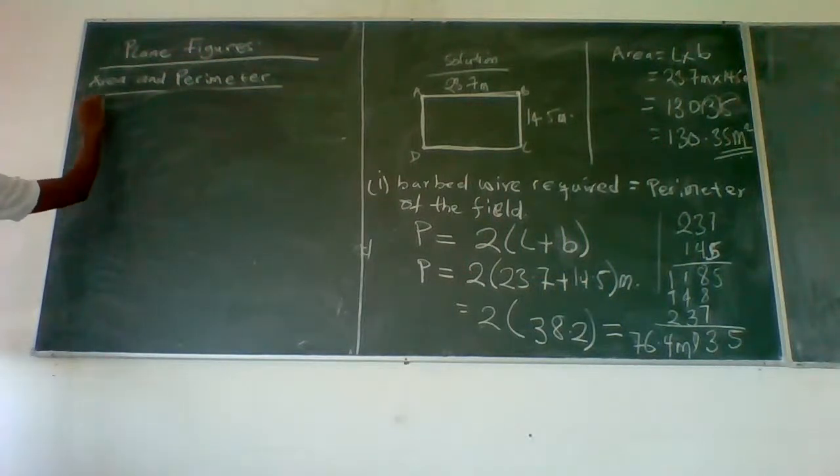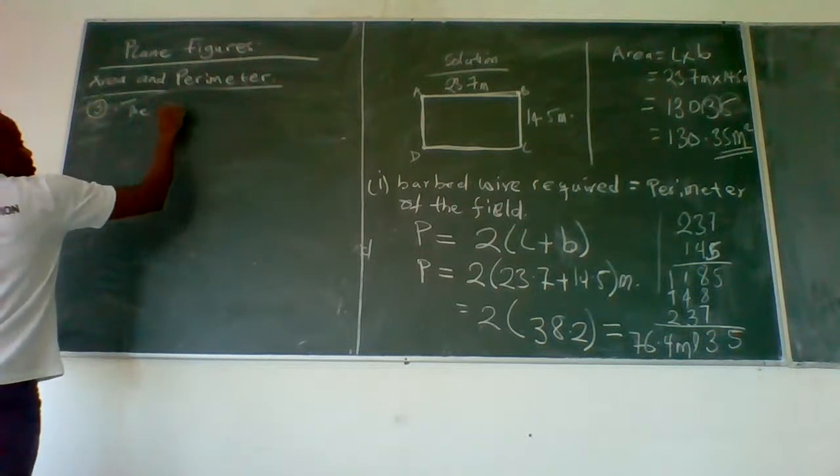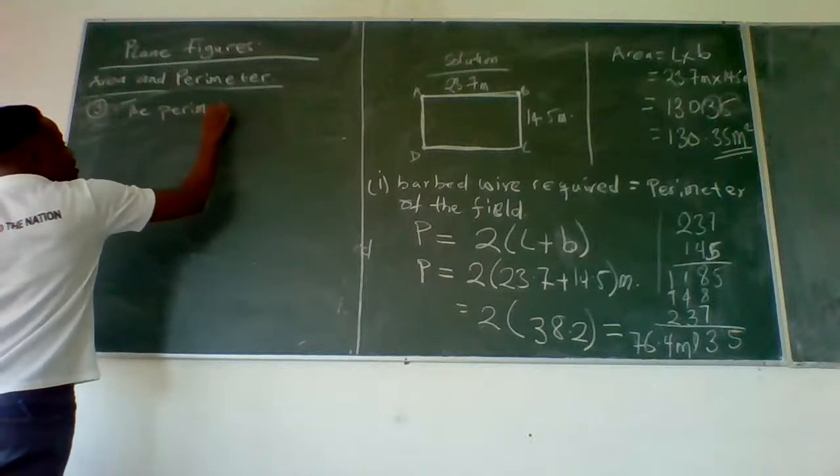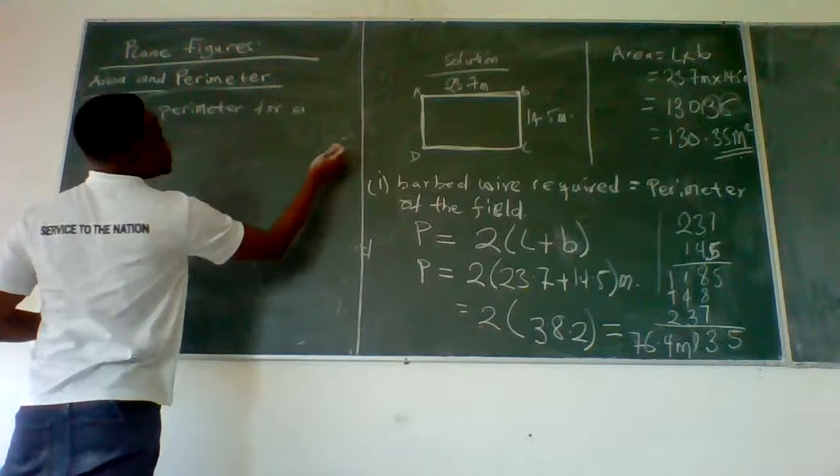Third example, number 3. So you have the perimeter for a rectangular field.